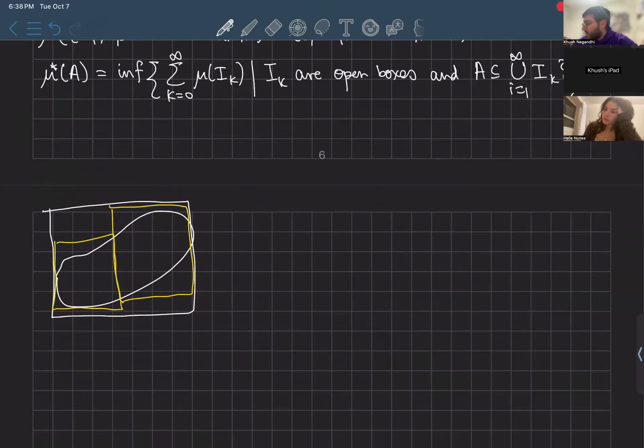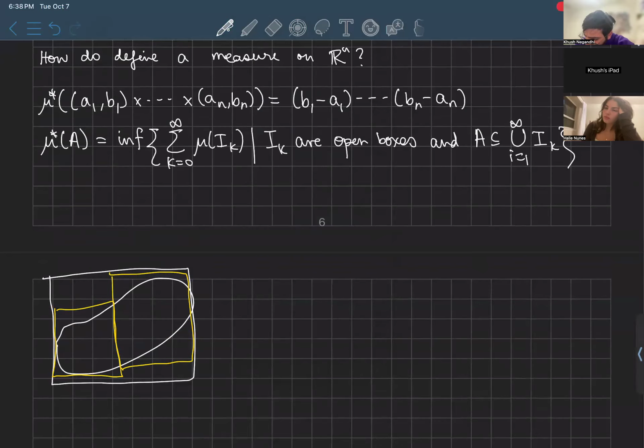But not all hope is lost, because what one can show is that if I take a disjoint union of things, what I do get is that it's sub-additive. Instead of being additive, it's sub-additive.